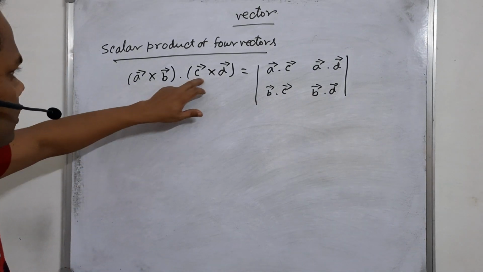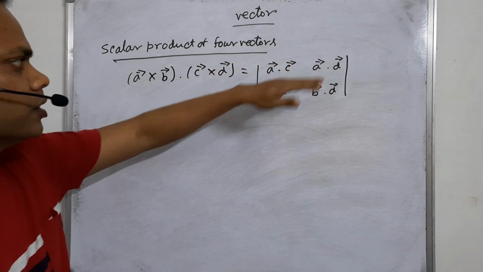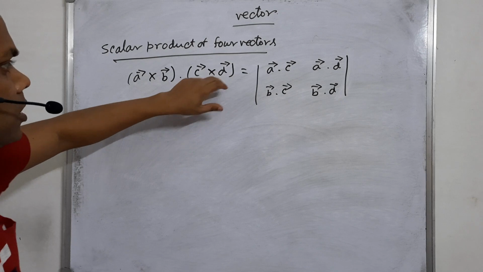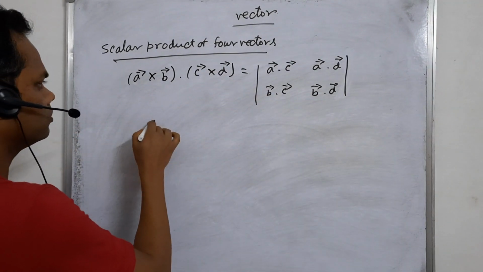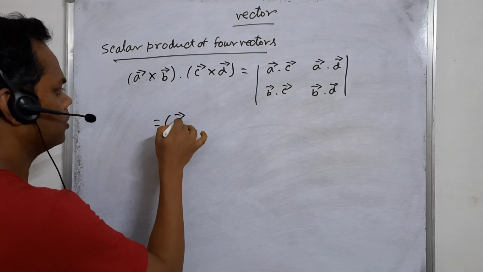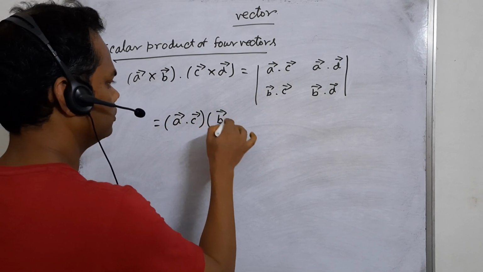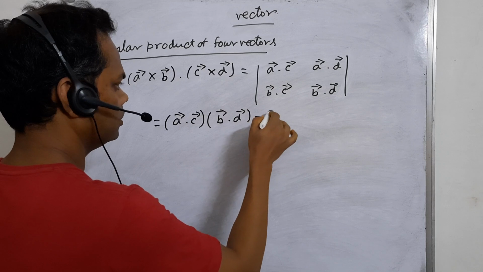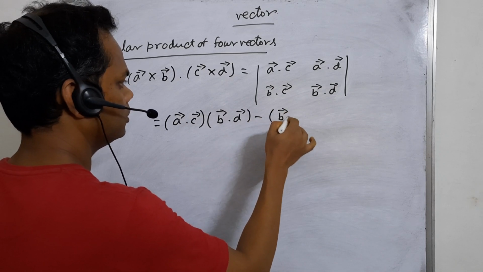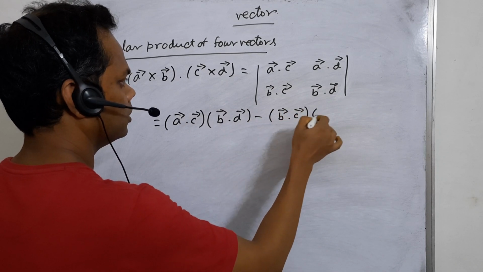Now see that A dot C, A dot D are in the first row, B dot C and B dot D in the second row. Now A dot C times B dot D minus B dot C times A dot D.